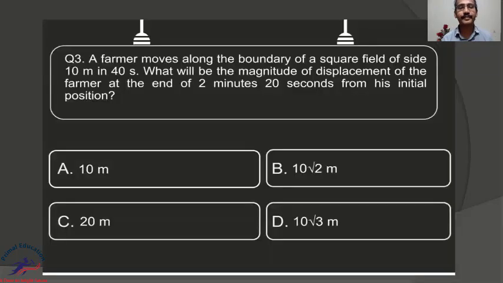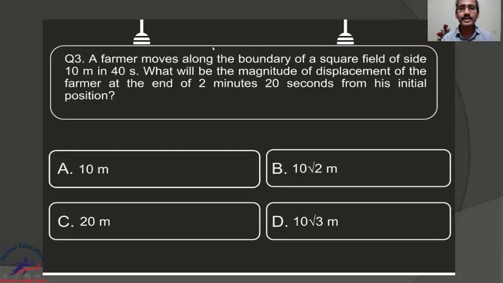It's a possible way. Now, this question. A farmer moves along the boundary of a square field of side 10 meters in 40 seconds. What will be the magnitude of the displacement of the farmer at the end of 2 minutes 20 seconds from his initial position? This is the most important question.